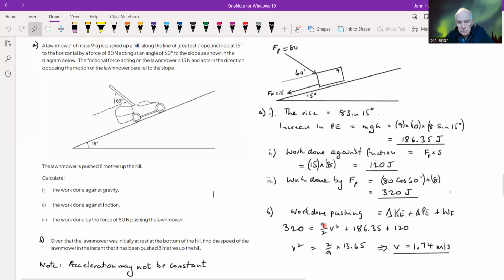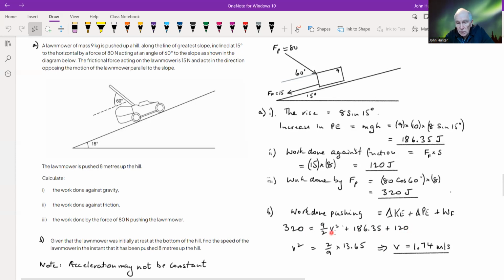That's the mass, kilograms, v squared. So that is the kinetic energy. This we've calculated before is the change in potential energy. And this is the work done against friction. So our 320 joules is basically used up by all these three things here.